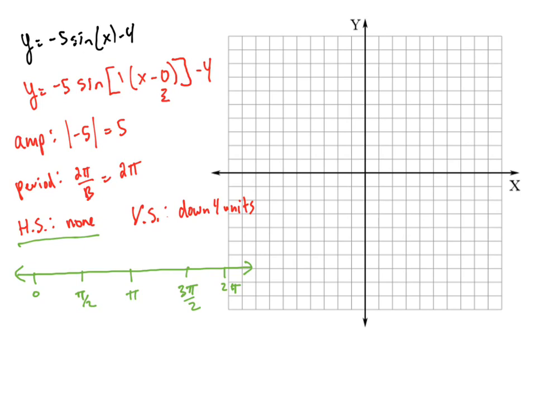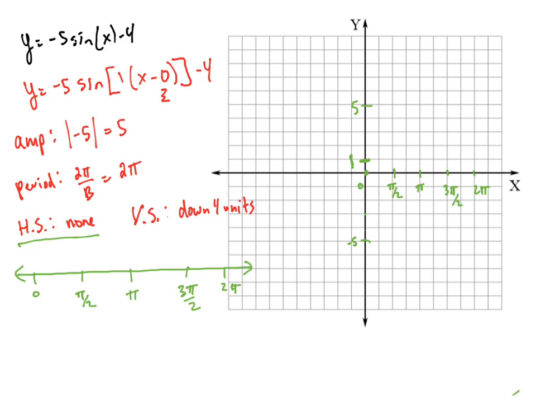Okay, so we're going to start at 0 and then check off the quarter points. The amplitude here is 5, so we're going to be going up to 5, down to negative 5. The issue though is we have a vertical shift down 4 units. So instead of going up to 5, we're going to go up 4 less than 5, so only up to 1.